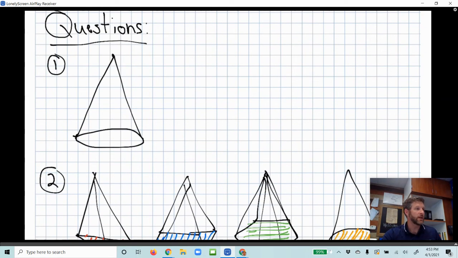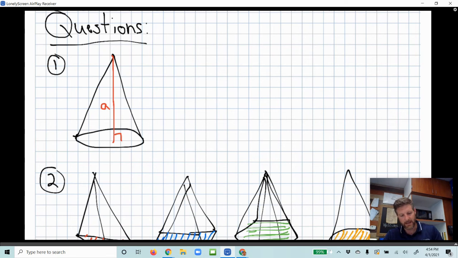Question number one is, what is the difference between slant height and altitude? I've already said it once in the video, but altitude is the actual height of the pyramid, so we call this altitude or height.